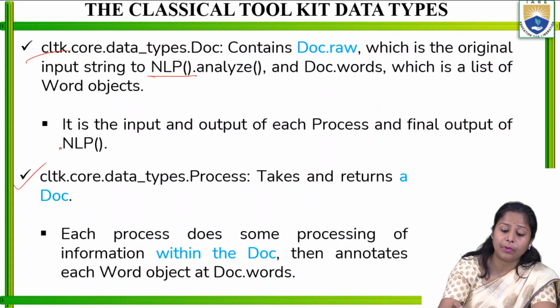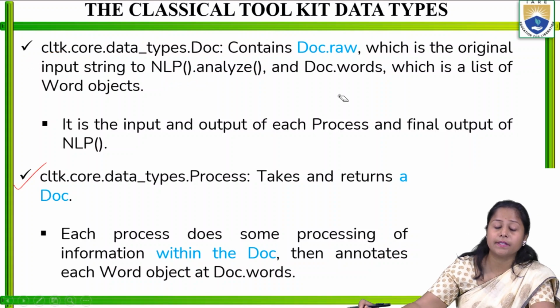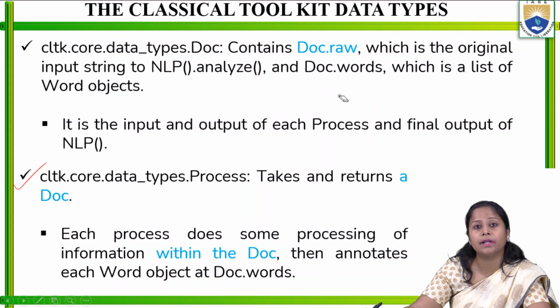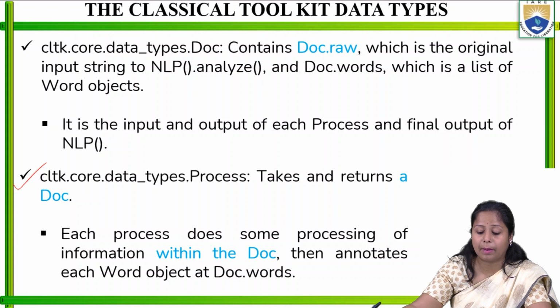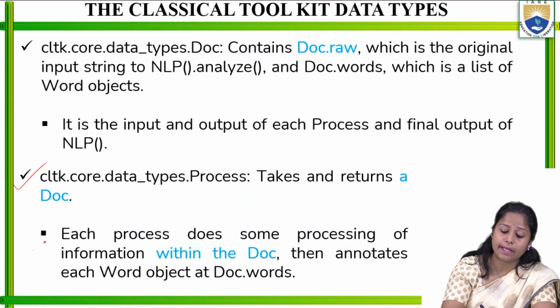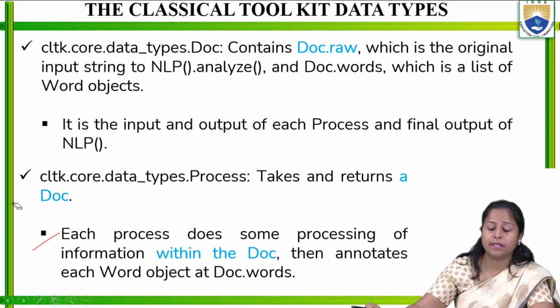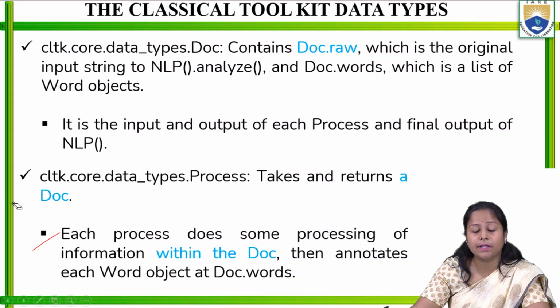The fourth data type is cltk.core.data_types.Process. P is capital here. That is the fourth data type in the CLTK library, which takes and returns a document. In this, each process does some processing of information within the document.